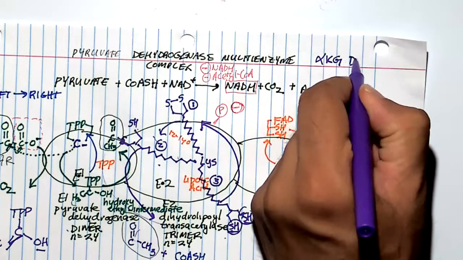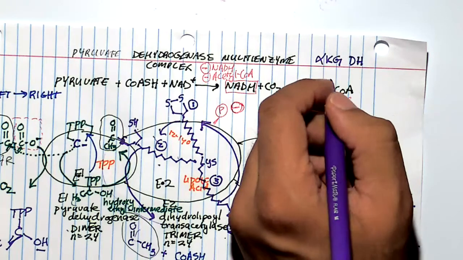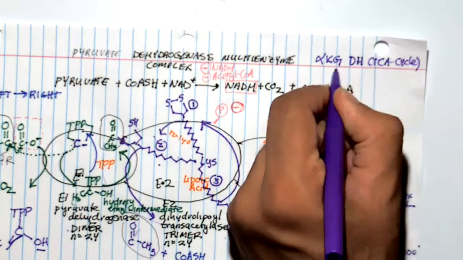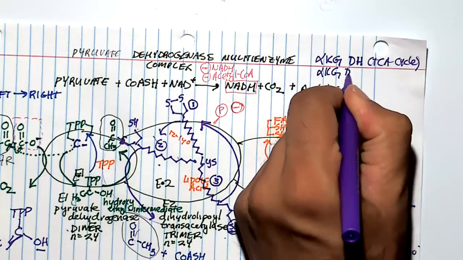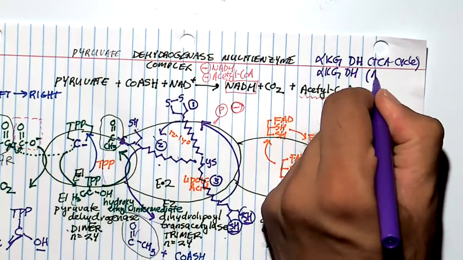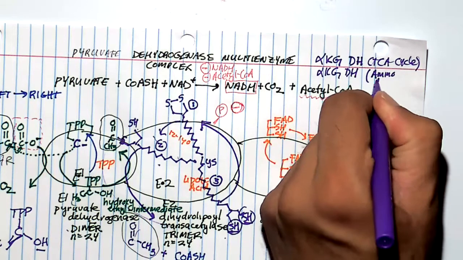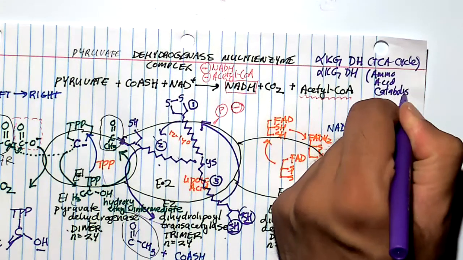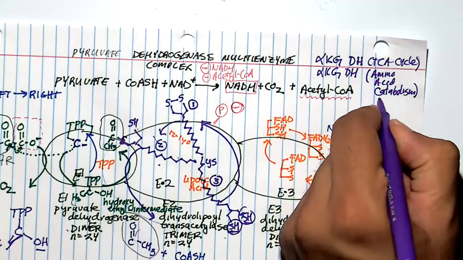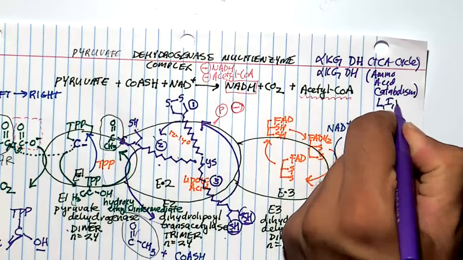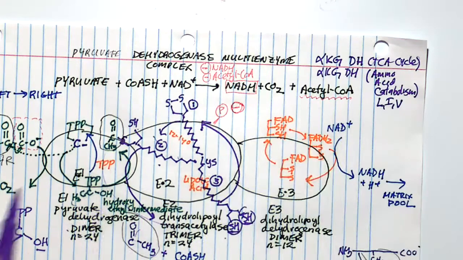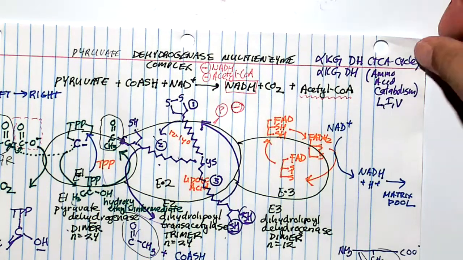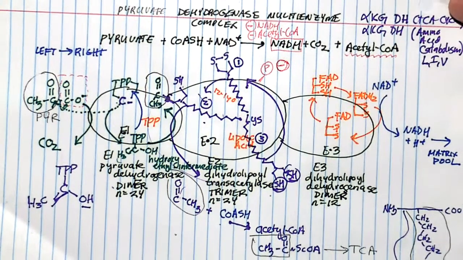Okay, alpha-ketoglutarate dehydrogenase complex that is found in the TCA cycle, and then the related branched-chain complex that's found in amino acid metabolism, or amino acid catabolism, breakdown of amino acids, particularly leucine, isoleucine, and valine. So another enzyme, one of them that we have studied in the TCA cycle, also has this E1, E2, E3 mechanism.